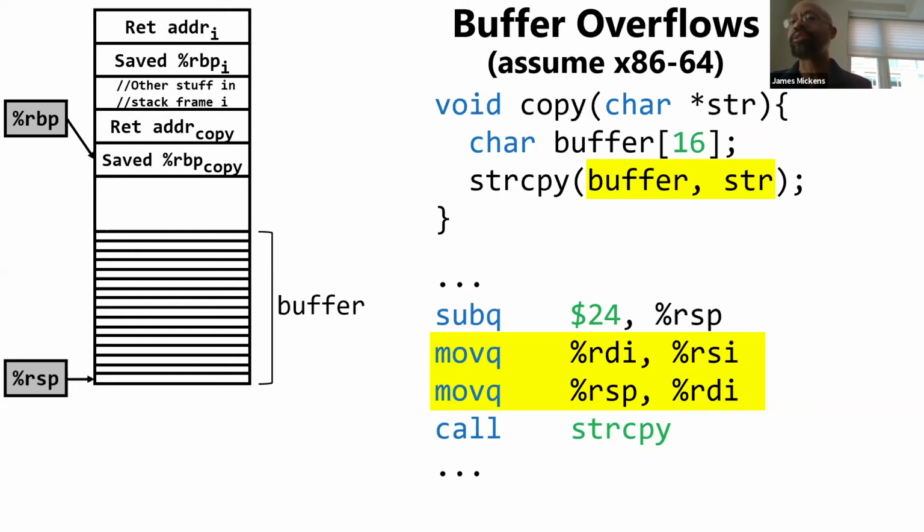The other argument to strcpy is going to be the stack pointer. That's interesting, right? I'm referring to this instruction right here. Why are we setting RDI to the stack pointer? Well, if we look at the diagram over here, the stack pointer is actually pointing to the buffer, the local variable in the stack frame for copy. So these two instructions are where we are setting up the arguments to strcpy.